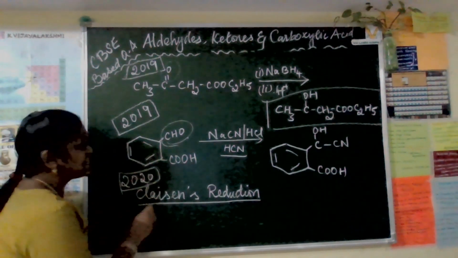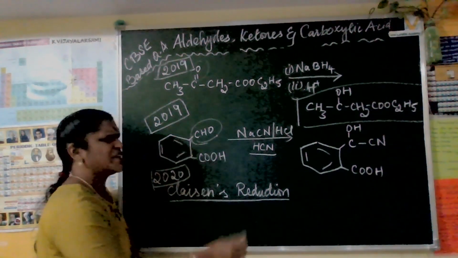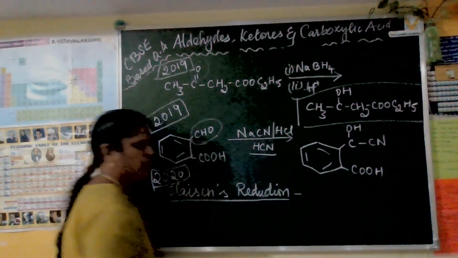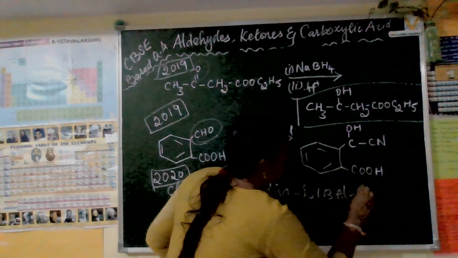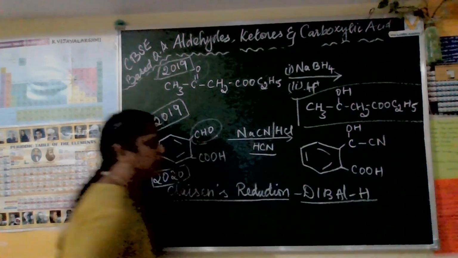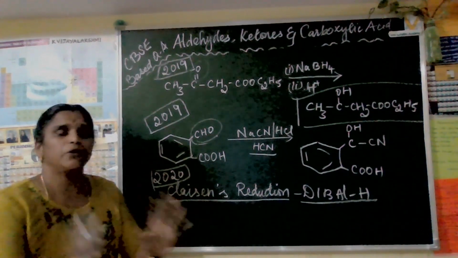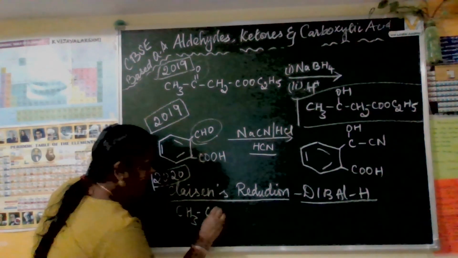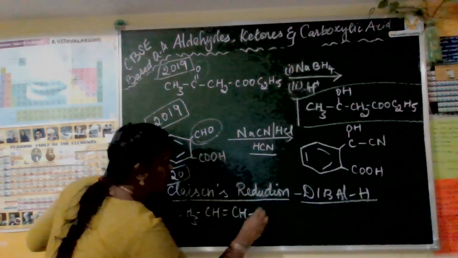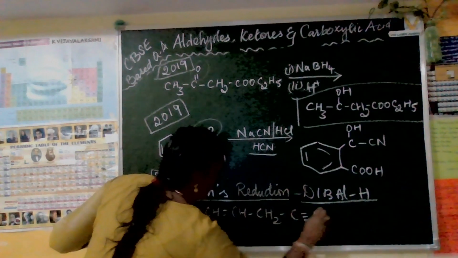And Clemmensen's reduction reaction. Clemmensen's reduction is very simple. In our last video, we discussed diisobutyl aluminium hydride, which is used to reduce a cyanide group into an aldehyde. I just mentioned CH3CH=CHCH2C≡N.